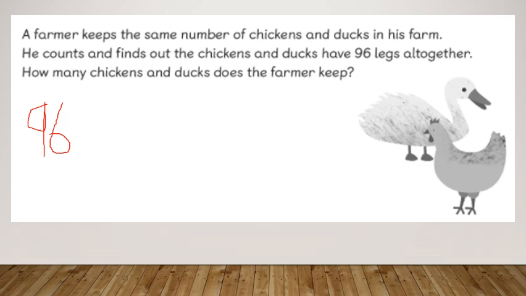Well, we know how many legs they've got, but how many legs do ducks and chickens have? And they've got 2, haven't they? So I think if we were to divide this by 2, that might give us the answer. I'm quite confident with this one. So 96 divided by 2, and hopefully you're going to do your long division to answer this question.